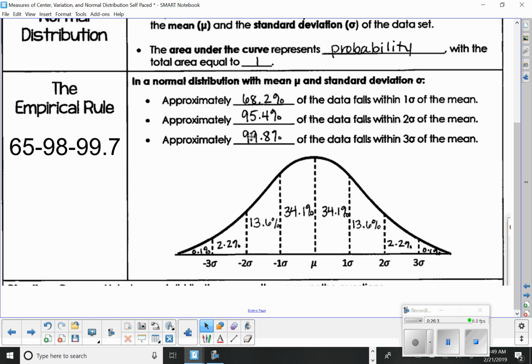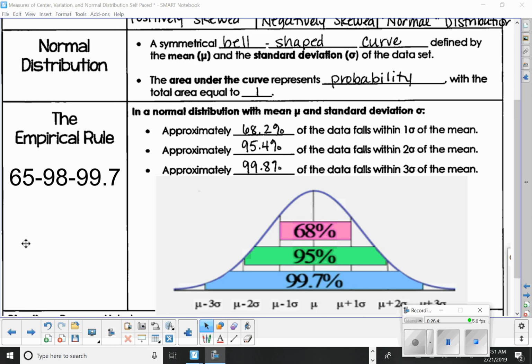It's a little bit different; if you go out there, it's different in different places. So when you're looking at it for the Virginia SOL and in this class, put down 68, 95, 99.7. Okay? Just really important that you use the ones that are going to be on the lovely SOL.